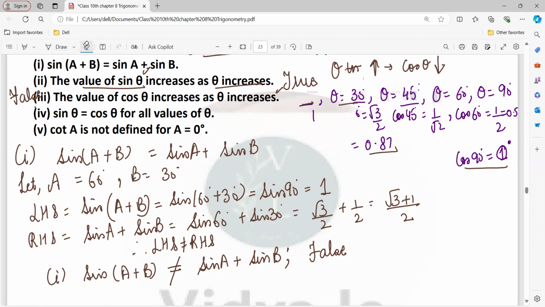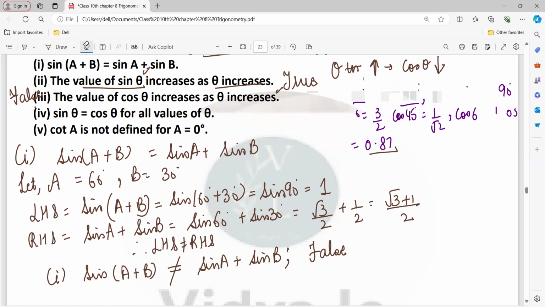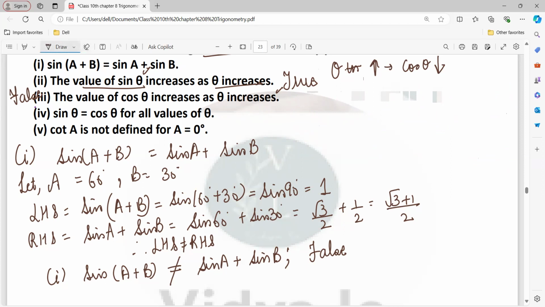So the third part is false, which means it is incorrect, as with the increase in the values of theta, cos theta is decreasing. So it is false.